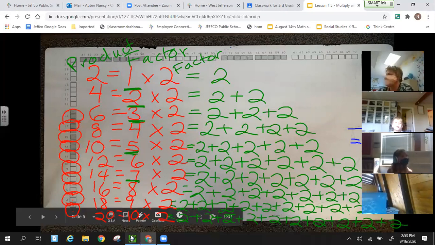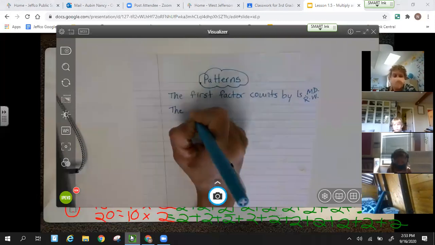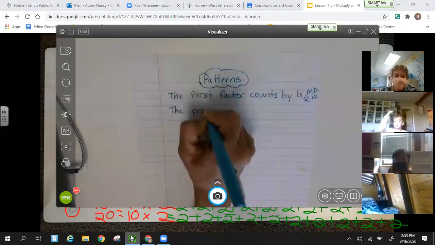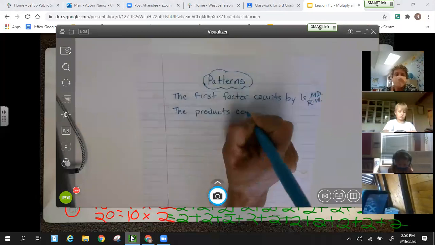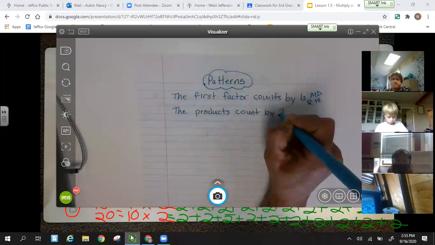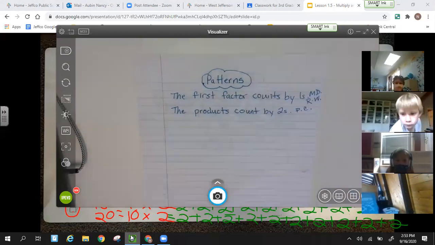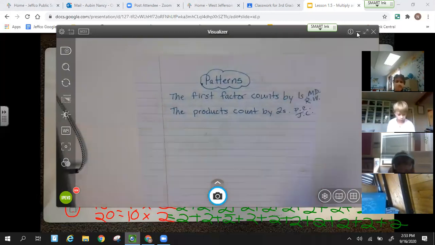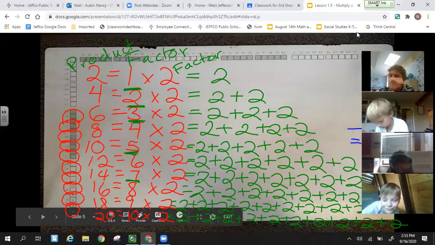I'm going to write that one down. The products, and there's more than one, the products count by twos, and that's Paxton. And also Jensen. Jensen, you get credit for that as well. Angelique has one. Angelique, what did you notice?